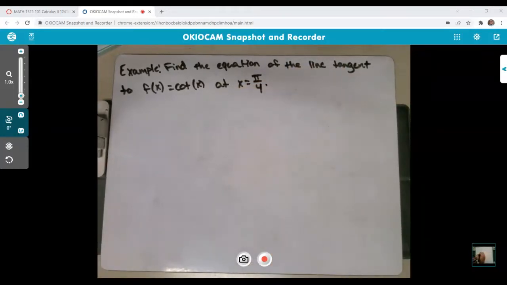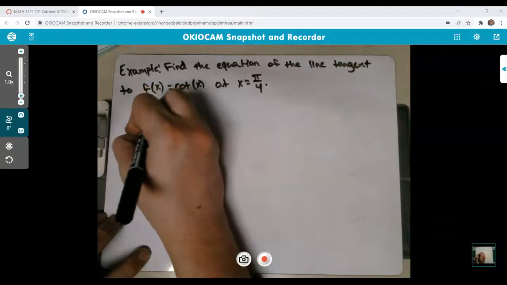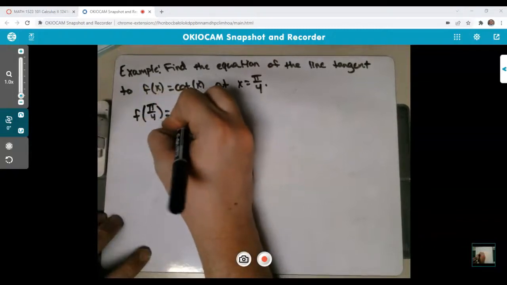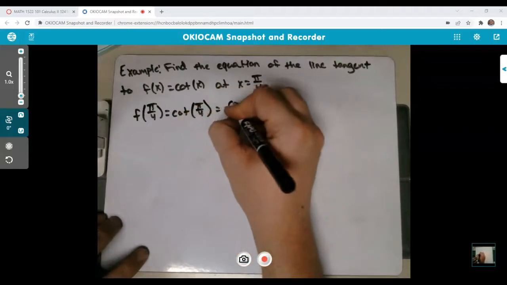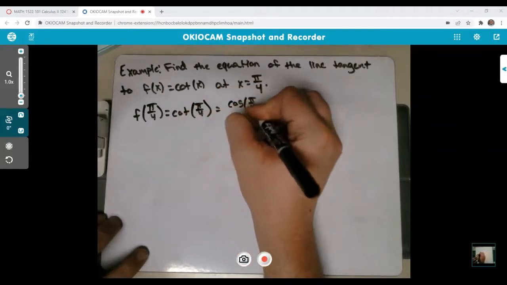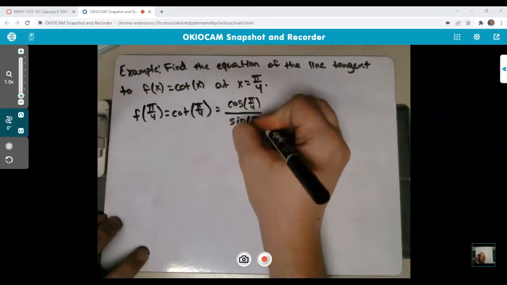So remember, on all of these, I need my slope and I need a point, right? To get a point, that isn't hard because I just plug it in. So f of pi over 4, that's cotangent of pi over 4. Remember, cotangent is cosine over sine. So cosine of pi over 4 over sine of pi over 4.